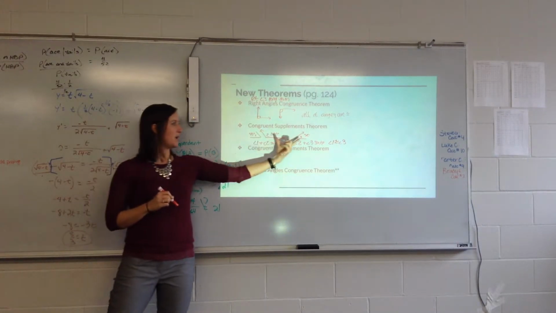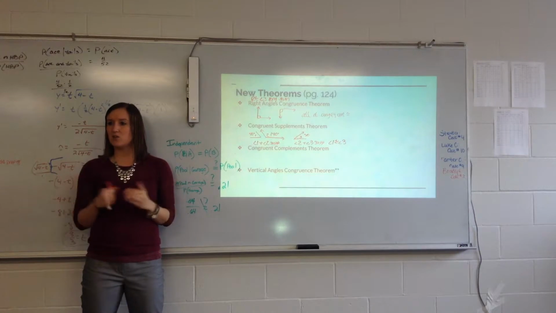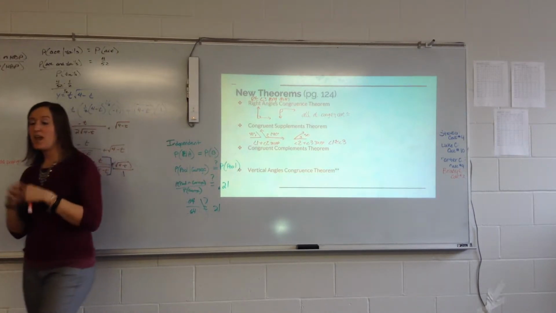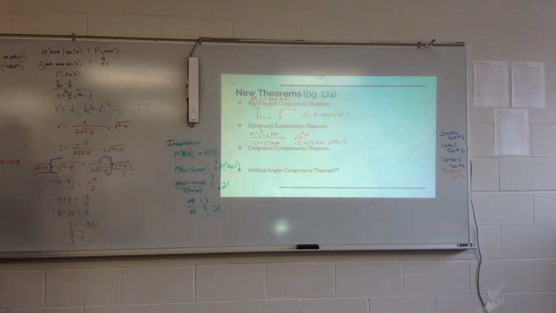And that's true, right? They're both 40 degrees, so the angles are congruent. This theorem tells us if we have two angles and they share the same supplementary angle, those two angles will always be congruent.